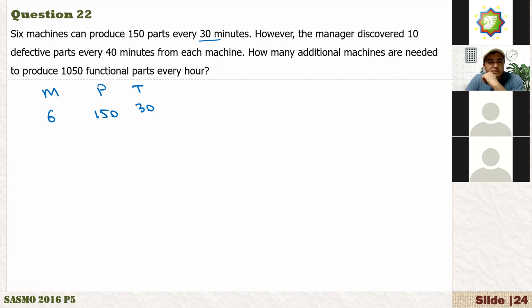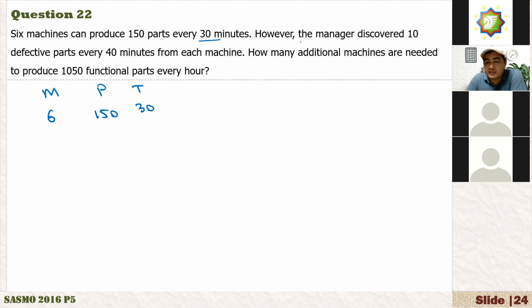How many additional machines are needed to produce 1050 functional parts every hour?